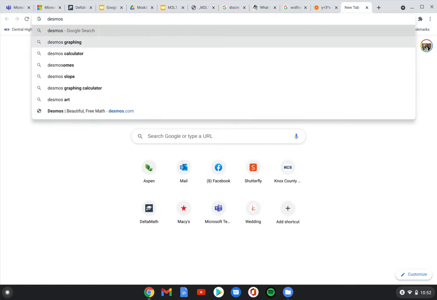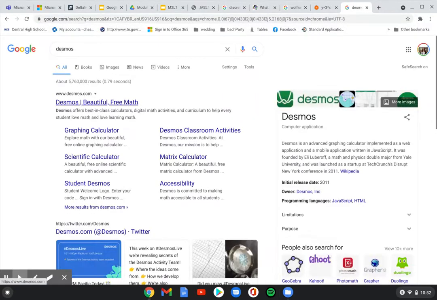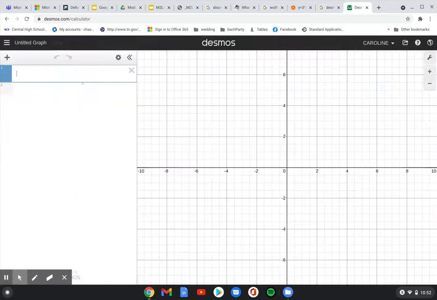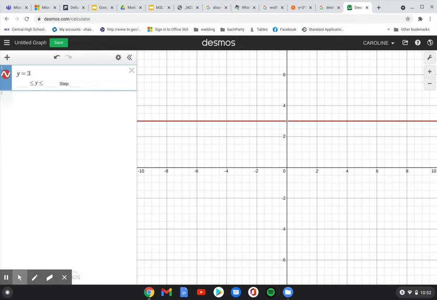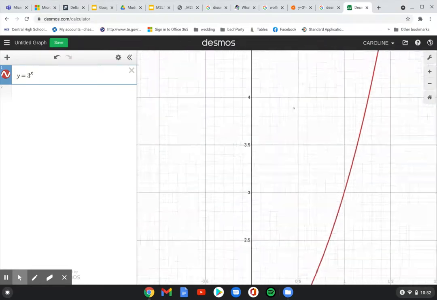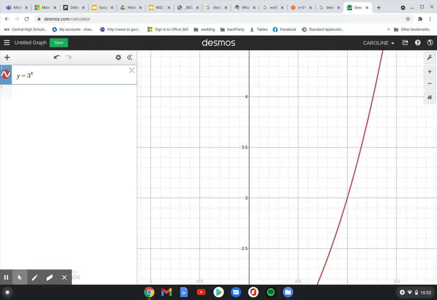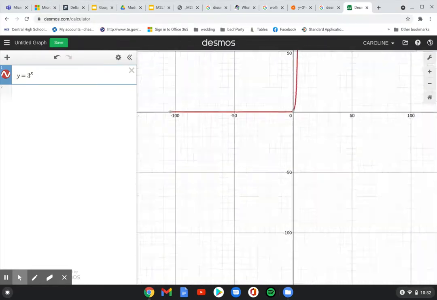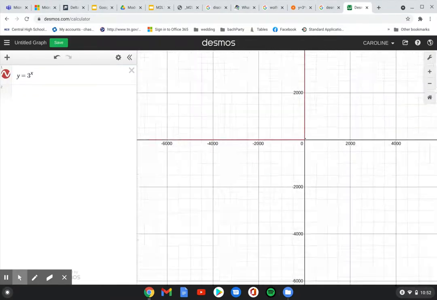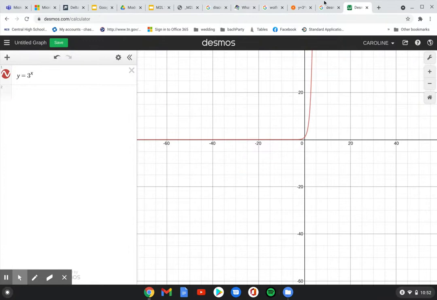If you go to Desmos graphing, y equals 3 raised to the x. Look at that. Okay. That was intense. Sorry. Okay.